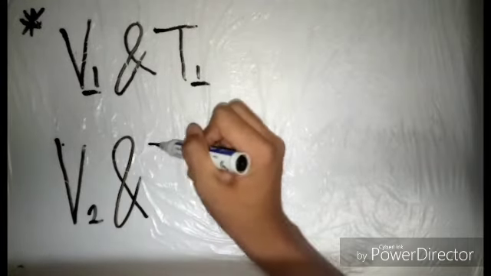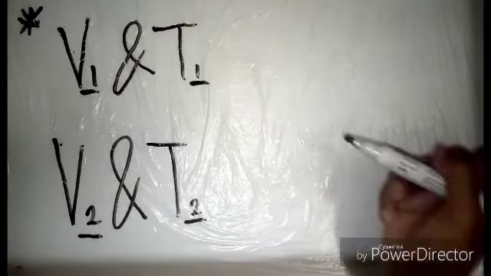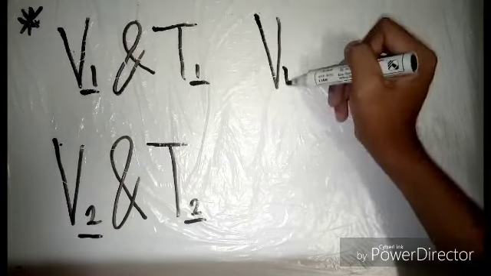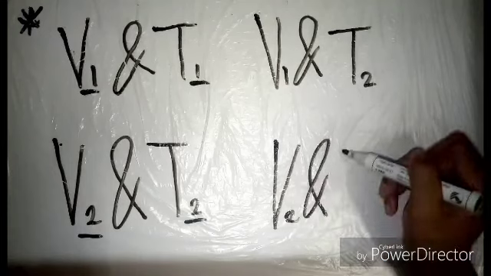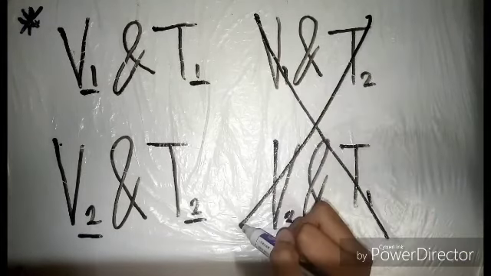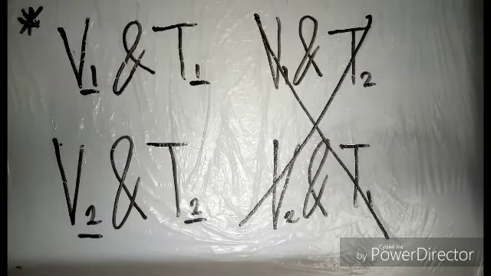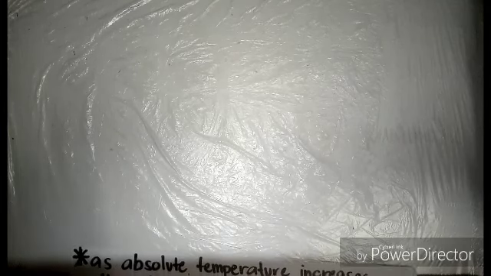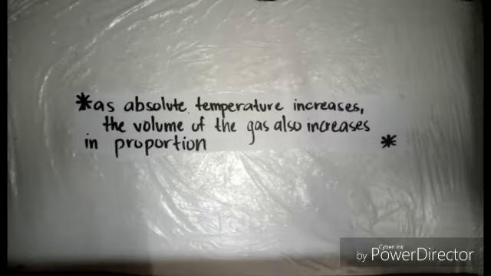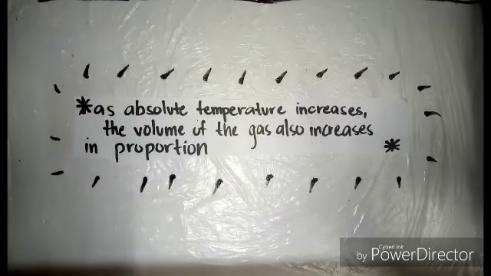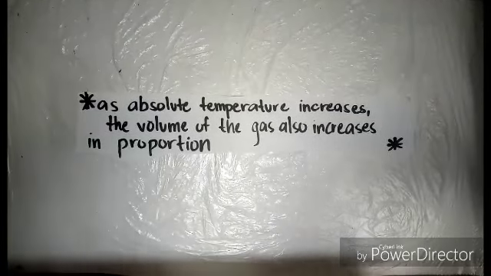Take note that the volume and temperature with the same subnumber should only be paired, not with a different one. The idea of this law is, as absolute temperature increases, the volume of the gas also increases in proportion.